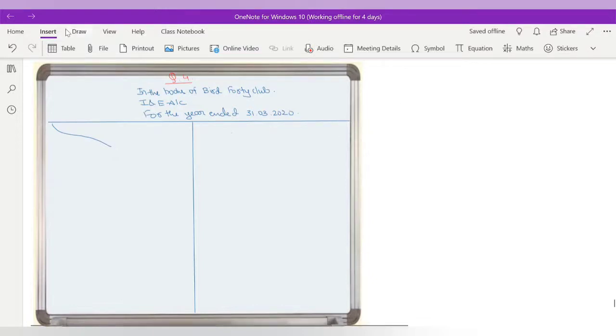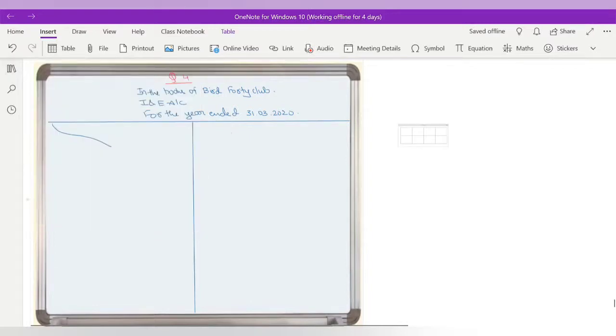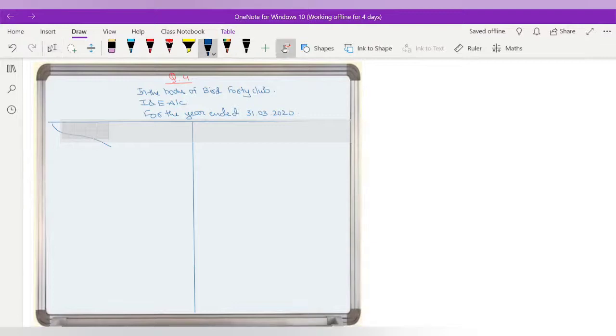And put up a table here. Answer. See, here debit side, here credit side.